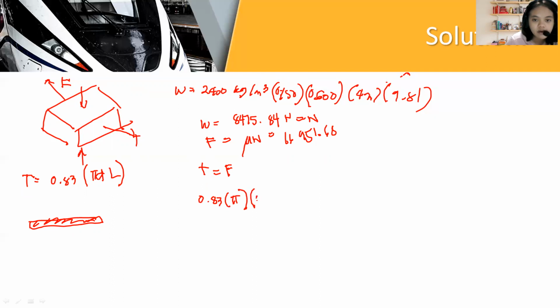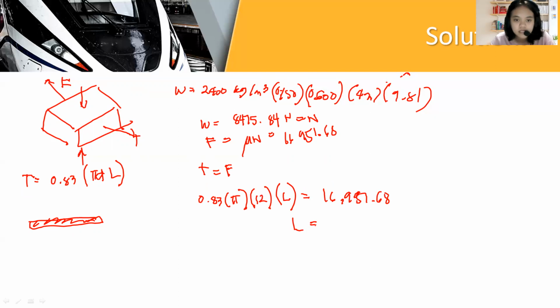The diameter of our bar is 12 and the length, then it is equal to 16,951.68, which L is equal to 541.756.